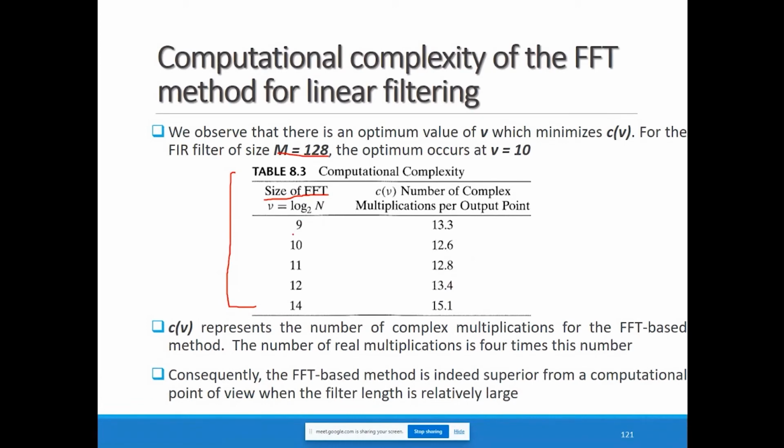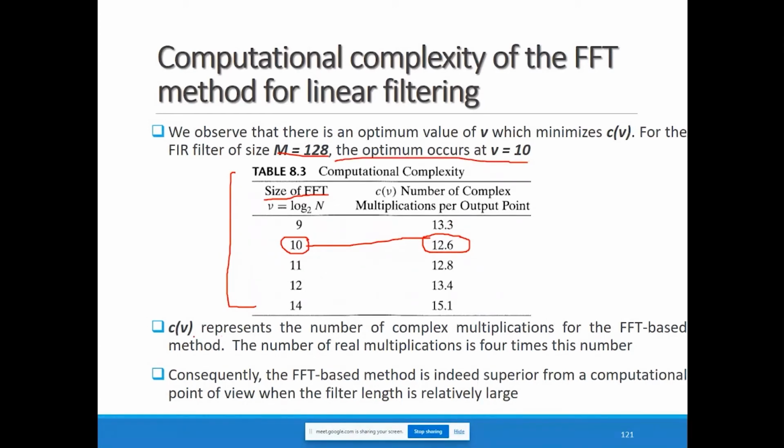But you can see where you are getting the optimum value. Here the value is 12.6, which is the lowest one. So we can say our selection is v is equal to 10, meaning we select the FFT size 10, which will give you the optimum or smallest number of multiplications, that is 12.6 per output point. So the optimum occurs at v is equal to 10.